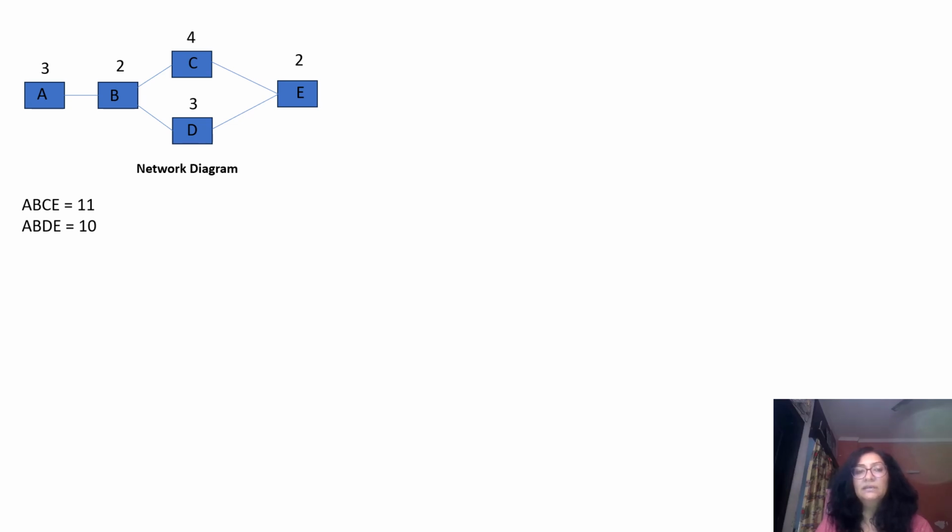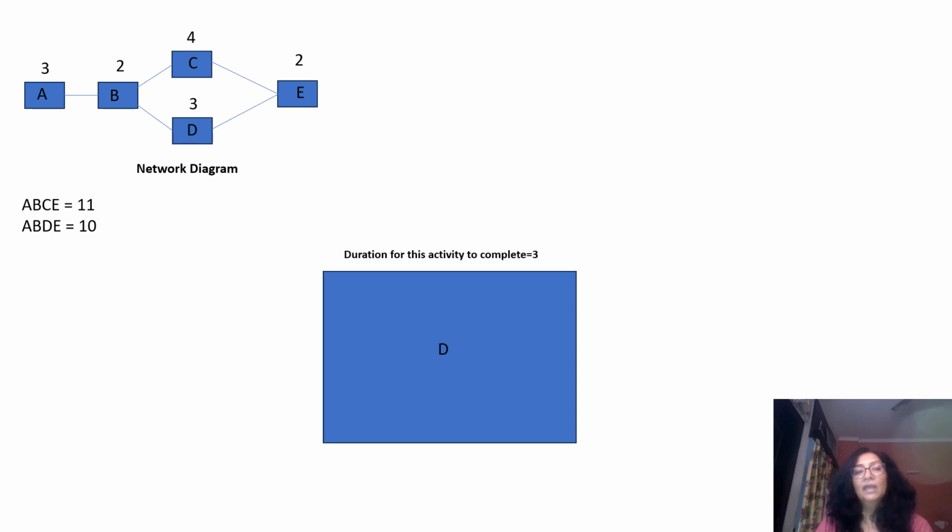And ABDE, which has duration 10 on the network diagram, is not on the critical path. So I am taking this D activity and let's dive deep into it and see how these are calculated. How would we know that this particular activity has float or slack?